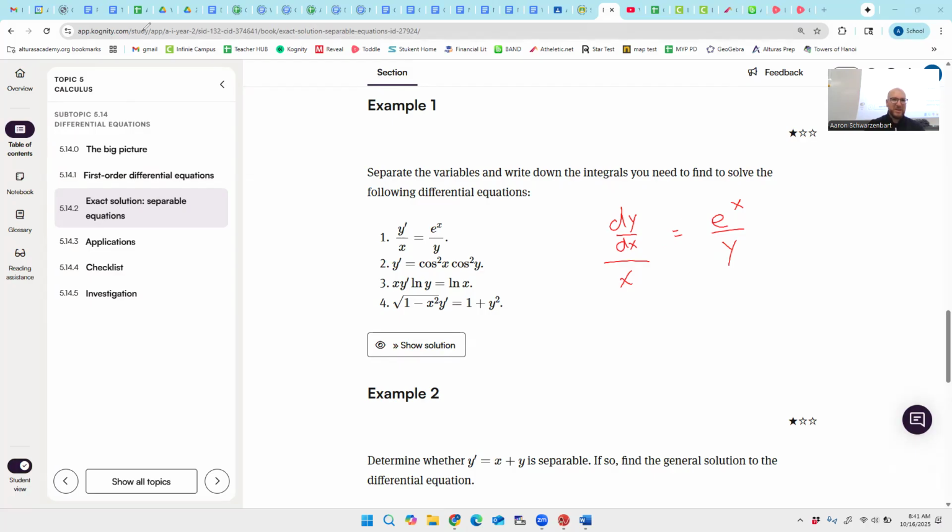To start, I'm going to multiply both sides by x and both sides by y. What does that do? Cancels the x's, cancels the y's. Gives me y dy/dx equals x e to the x.